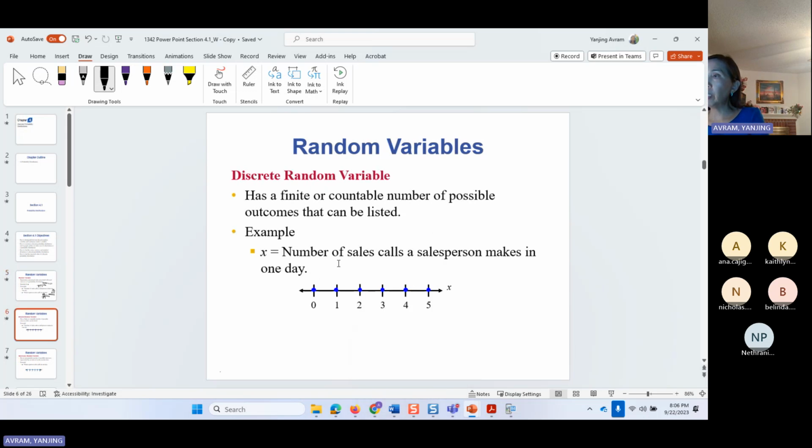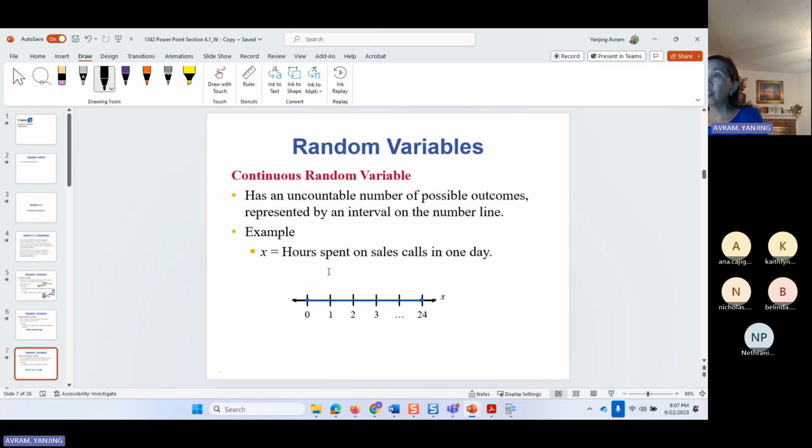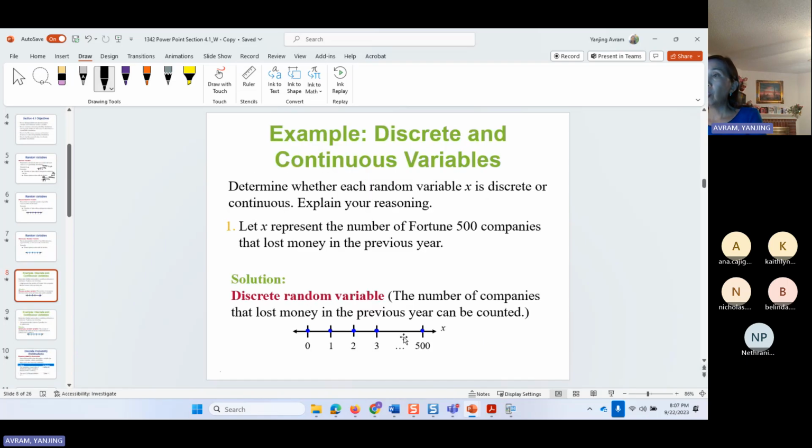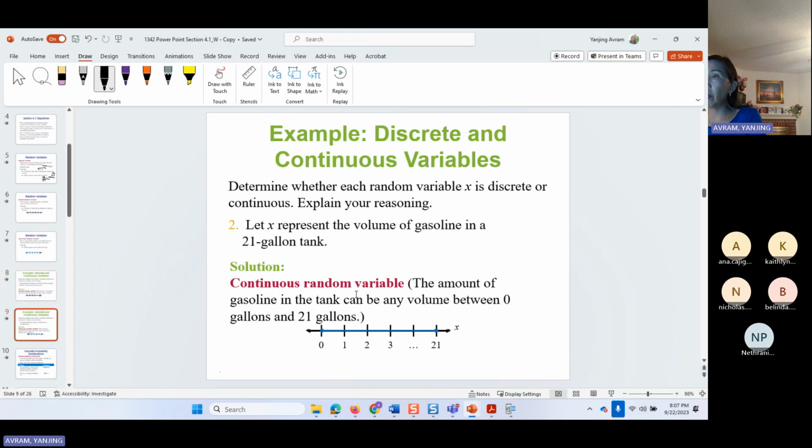The discrete numbers are something we can count: 0, 1, 2, 3, 4, 5. A continuous variable, in an interval, can have as many decimal points as possible as long as you have a device to measure it. So this section we're going to talk about the discrete variable.